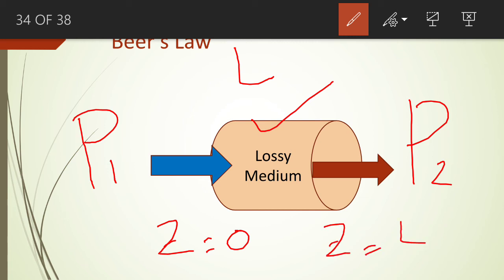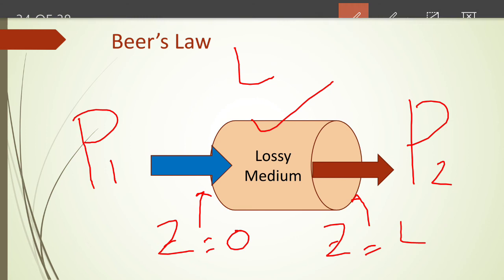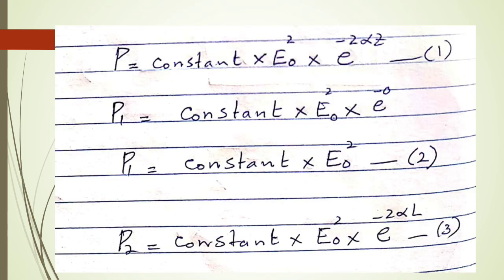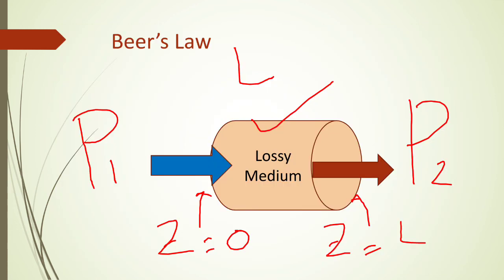So at the beginning, Z is 0, and at the end of the medium, Z is L. We know that the power is directly proportional to the amplitude of the electric field intensity.